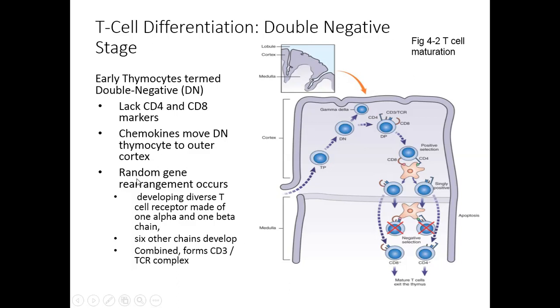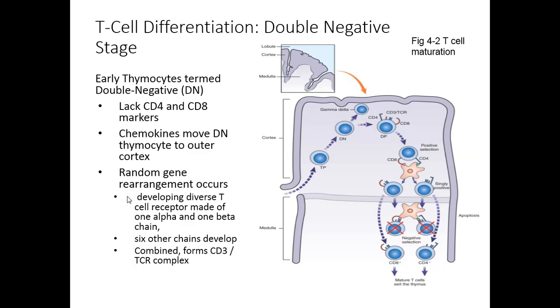We're just mixing up the genetic coding within every double negative cell that comes in from the bone marrow. So every single one of them undergoes this random gene rearrangement, and they're going to be different. The purpose of this gene rearrangement is to develop diverse T cell receptors for the surface of the cell.